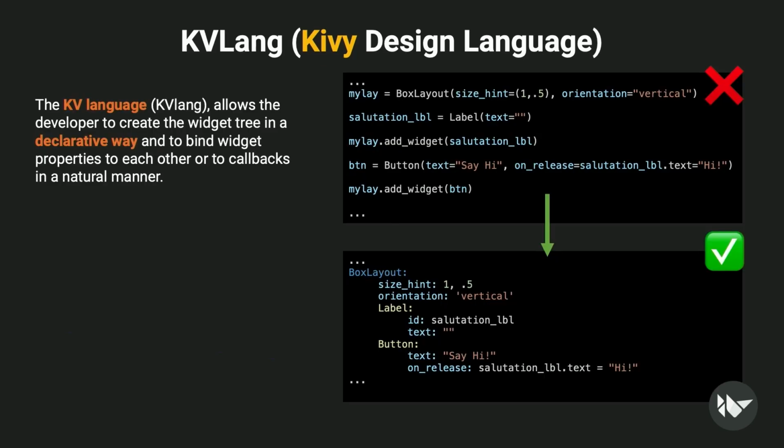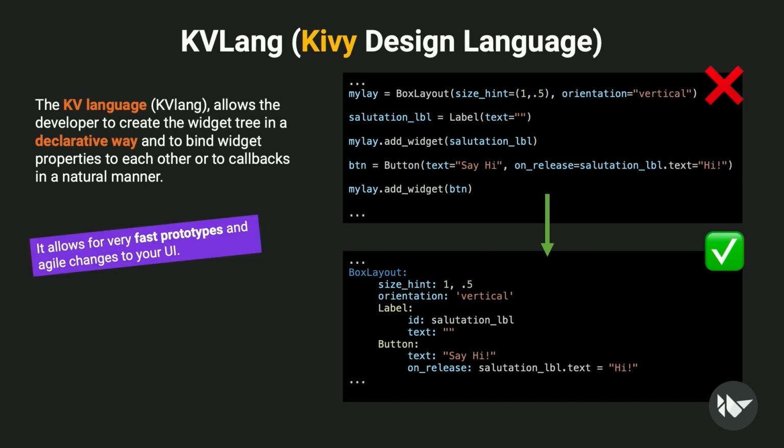Kivy design language. Kivy language allows the developer to create the widget tree in a declarative way, and to bind widget properties to each other or to callbacks in a natural manner. So yeah, you can create Kivy widgets via Python code, but unless you know what you're doing, please don't do that. Use the Kivy language. Kivy language is declarative, easier to read, and easy to maintain.